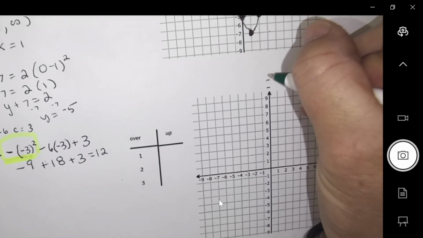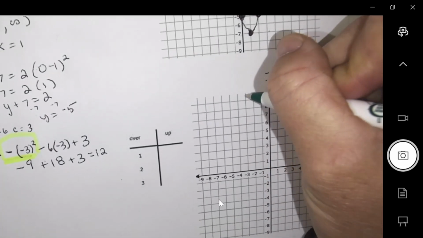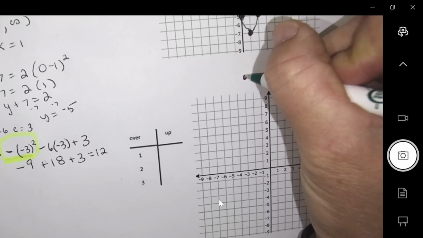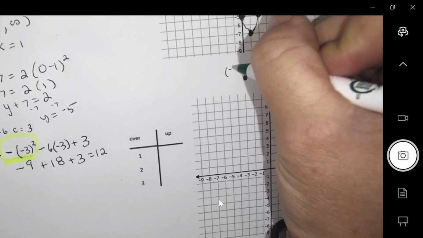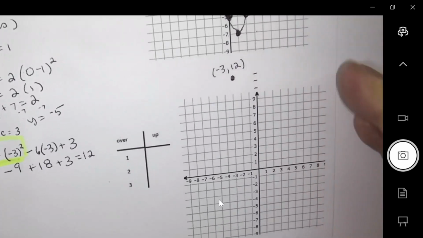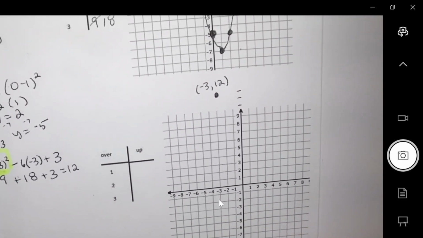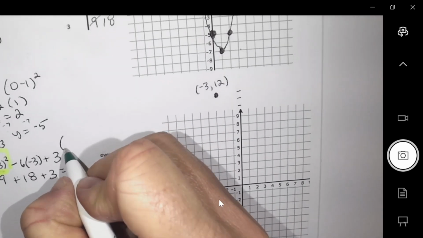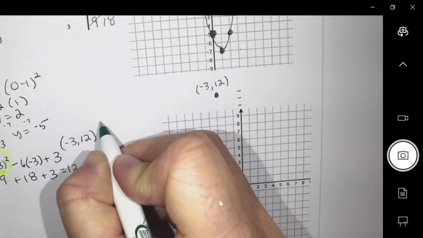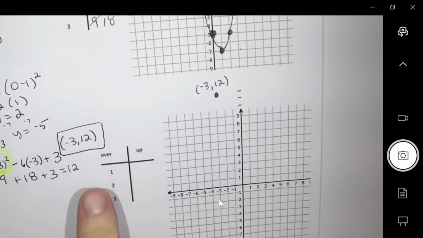So 10, 11, 12. There's my vertex, negative 3, 12. Sometimes we go downwards, but it's not needed.